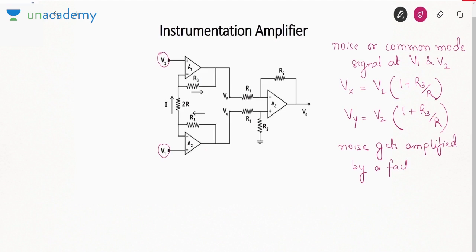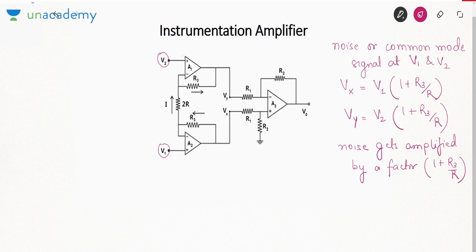By a factor of 1 plus R3 by R. So that is what is happening in the instrumentation amplifier. The common mode signal or the noise signal is also getting amplified by a factor of 1 plus R3 by R. So that is why we have changed the configuration slightly.